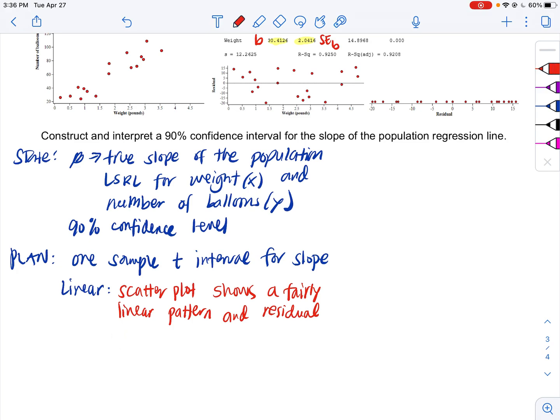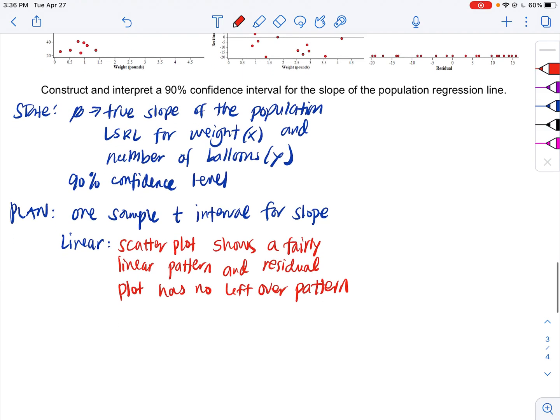The residual plot has no leftover pattern. It's not a curve. There's no curve pattern in it.